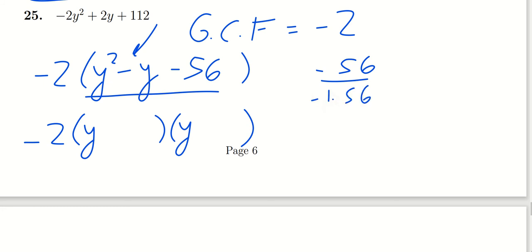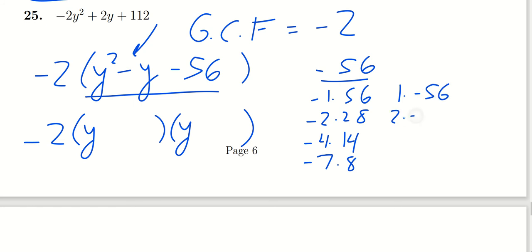The factors of negative 56 are negative 1 and 56, negative 2 and 28, negative 4 and 14, and then negative 7 and 8, and then it repeats. Or you can have the negative on the other factor: 1 with negative 56, 2 with negative 28, 4 with negative 14, or 7 with negative 8.